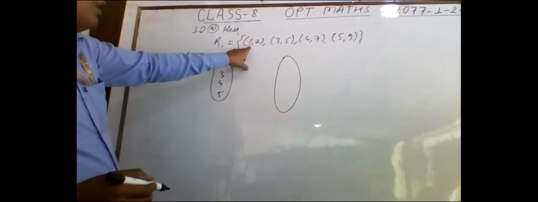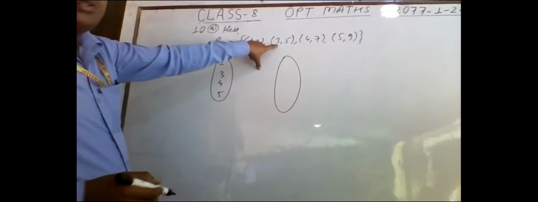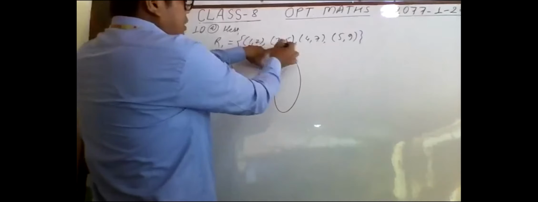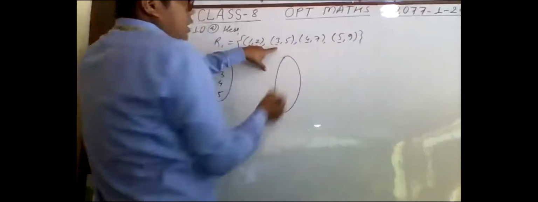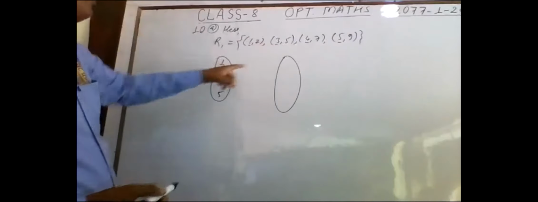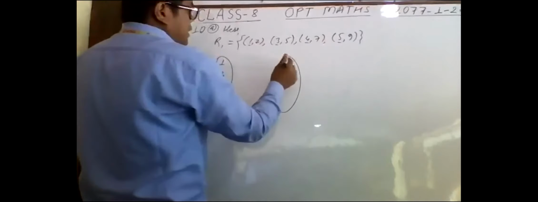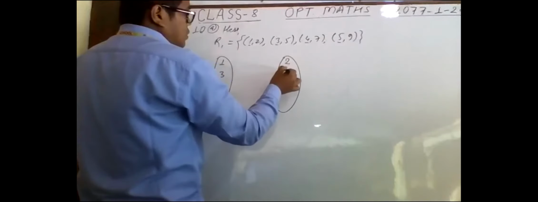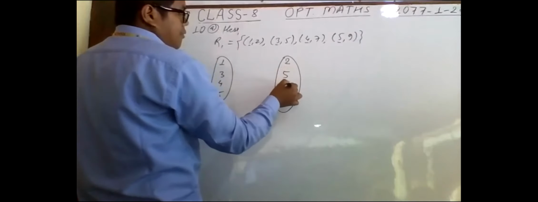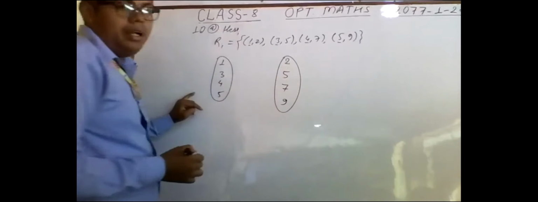The first component 1. This is 3. This is 4 and this is 5. सबैको x component अगाडि लेख्ने र y component पछाडि लेख्ने. 2, 5, 7 and 9.